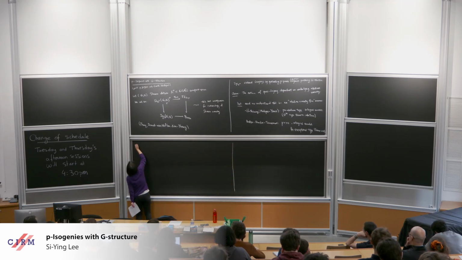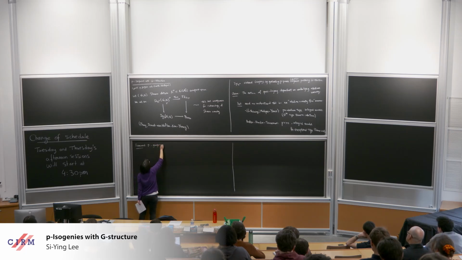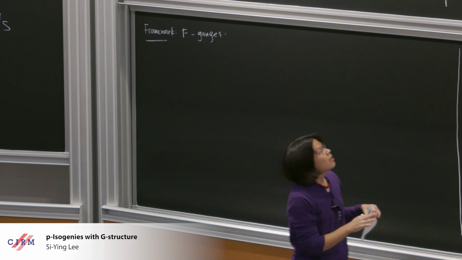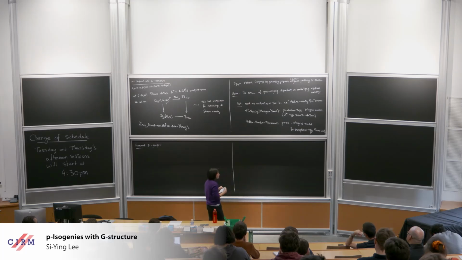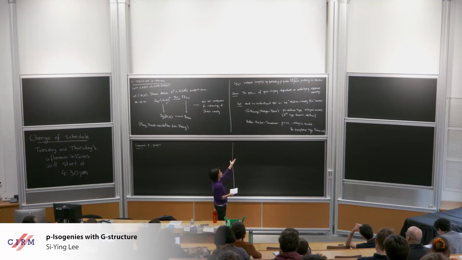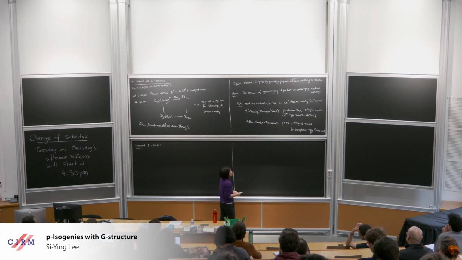The framework, of course, is in this setting of F-gauges. So why do we use this framework of F-gauges? The point here is that if you believe Milne's formalism, Shimura varieties should be moduli of motives. But of course we don't have a good theory of motives, though we do have realizations of these motives.